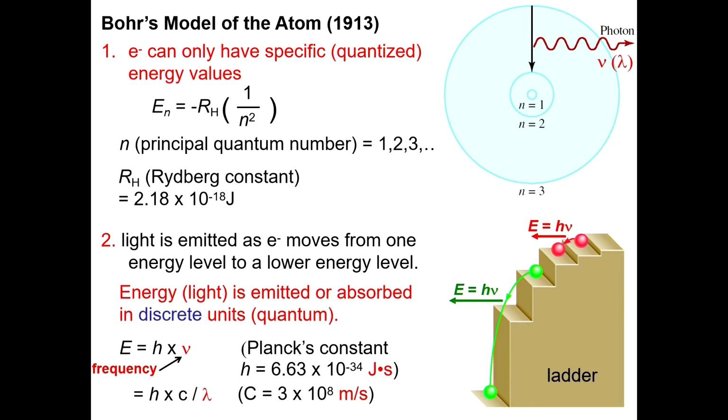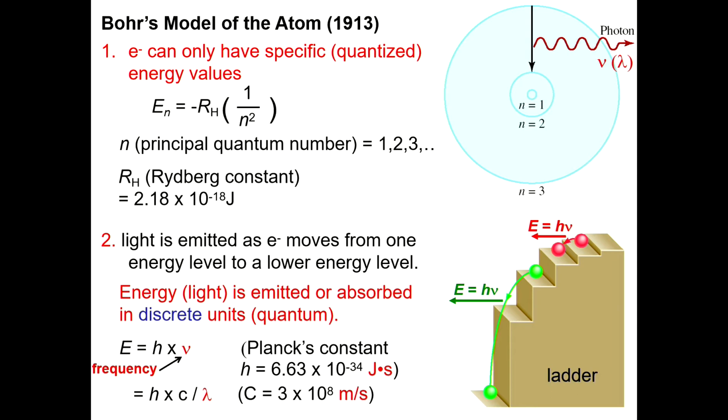This released energy can be photons. Okay, so this is why some atoms can emit light. Emitting light means they release energy. Why do they release energy? Because some electrons move from the outside orbitals to the inner orbitals.